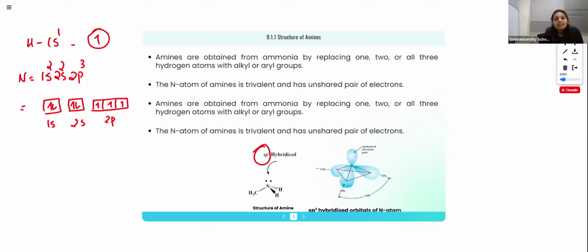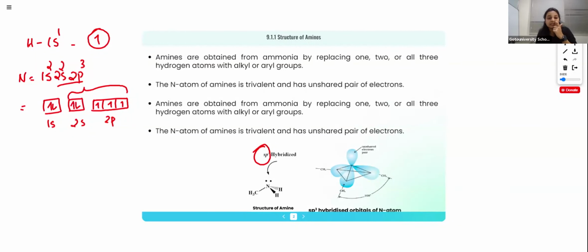Only the valence shell electrons will participate in bonding. So in the case of nitrogen, only the 2s and 2p subshell electrons will participate in bonding. Understood? Here 2s and 2p means 1 s orbital and 3 p orbitals, right?